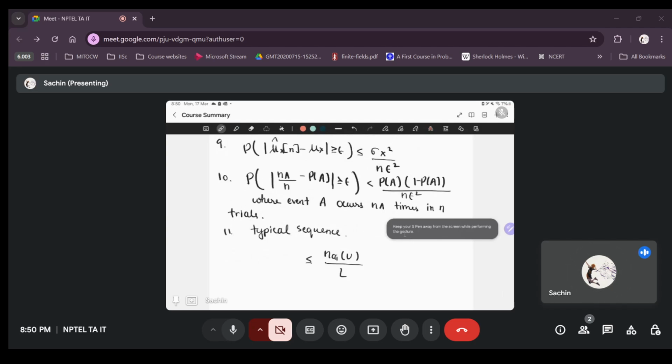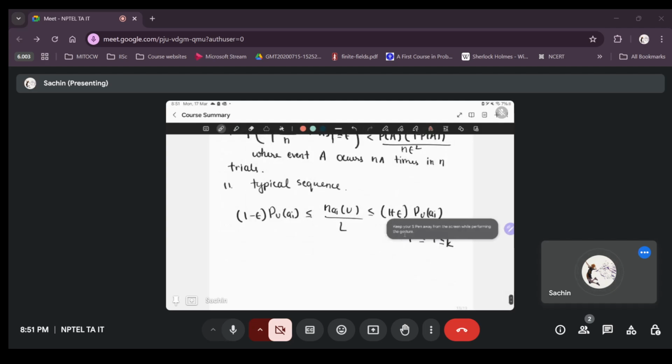So if you do L trials, and the value a_i occurs n_i of those trials, if n_i by L is within epsilon of p(a_i) for all the source letters, then it's called a typical sequence.